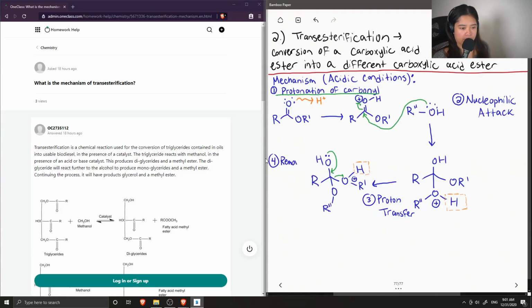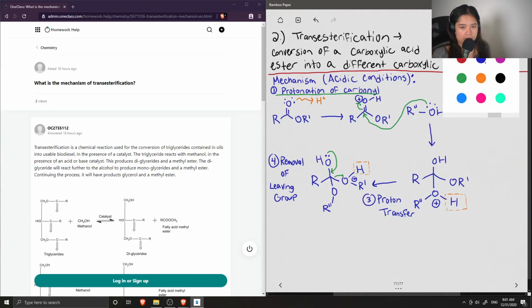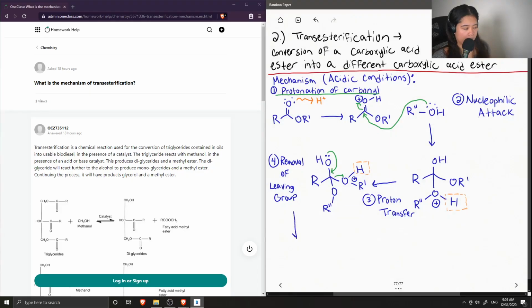It is the removal of the leaving group. So now this oxygen has a double bond and is positively charged. And you can already see that a new ester is formed with the R double prime side group.